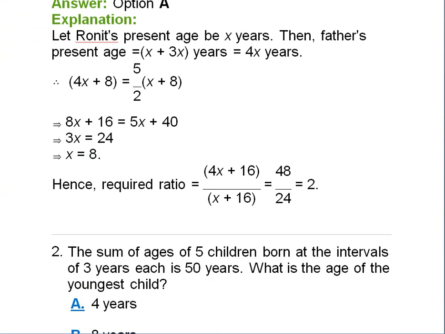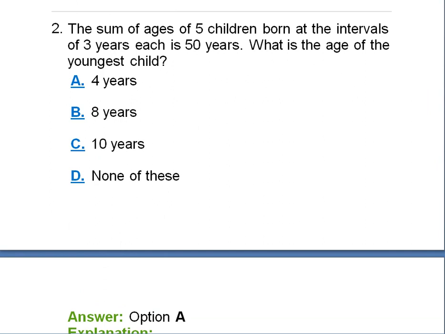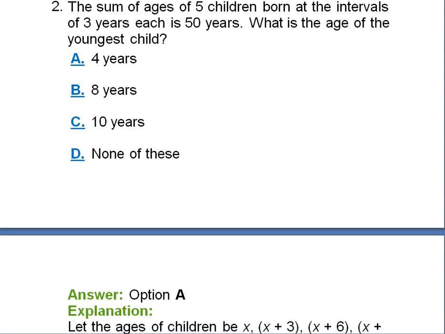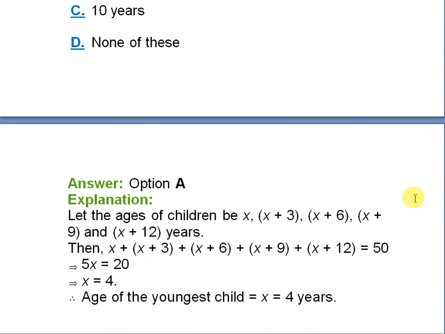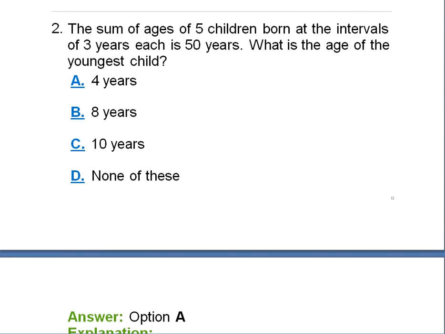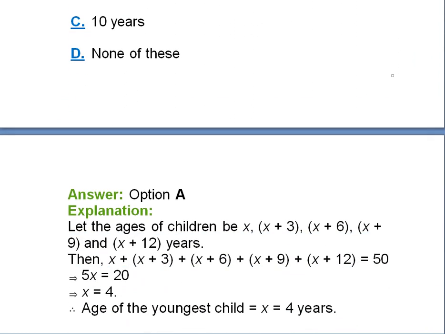So the next question is, the sum of ages of 5 children born at intervals of 3 years each is 50 years. What is the age of the youngest child? So let the ages of children be x, x plus 3, x plus 6, x plus 9 and x plus 12. This is because they are born at an interval of 3 years and there are in total 5 children.